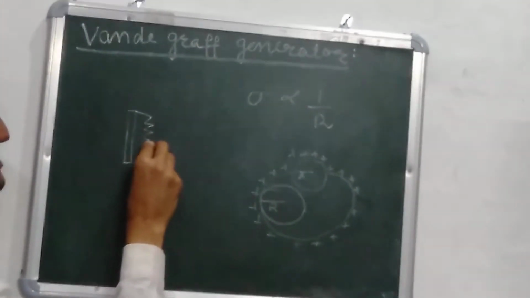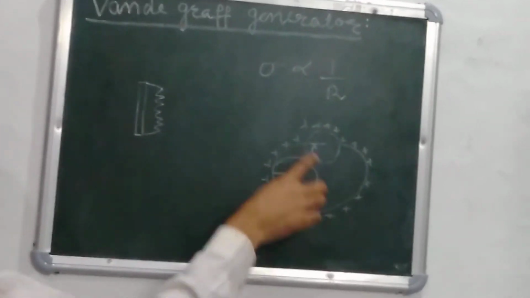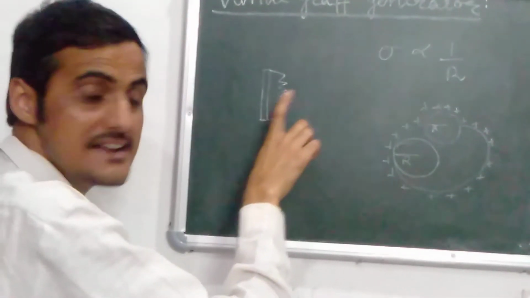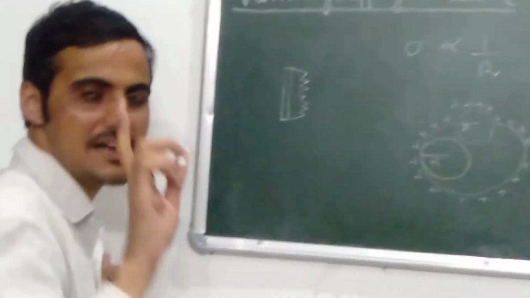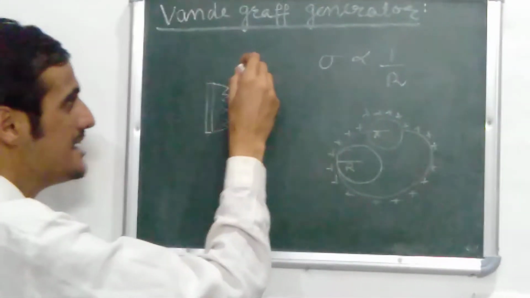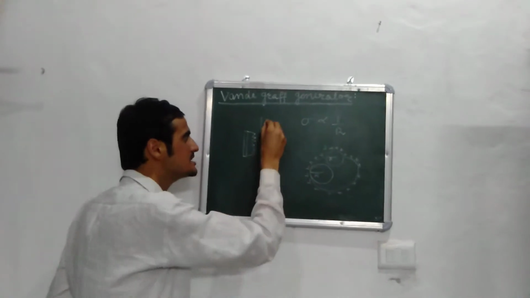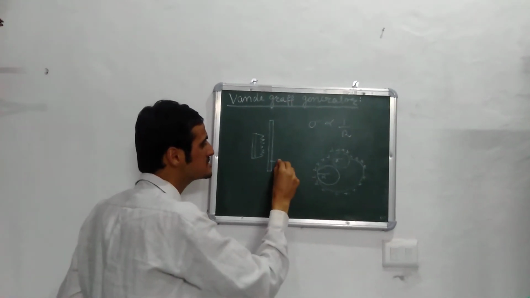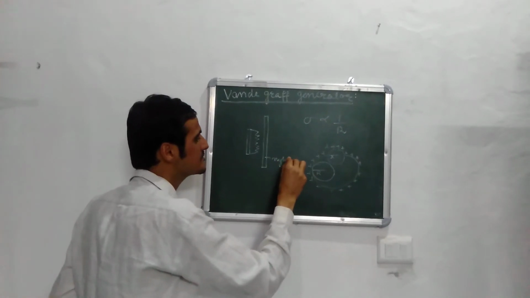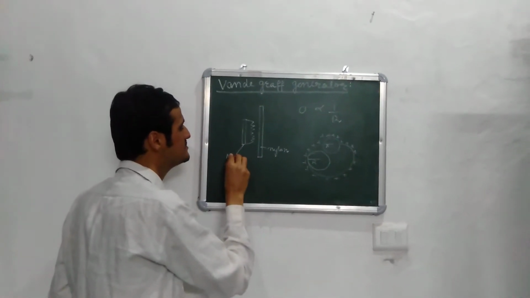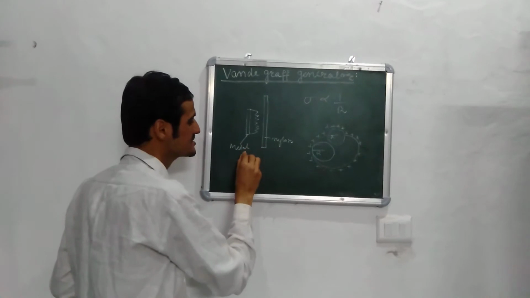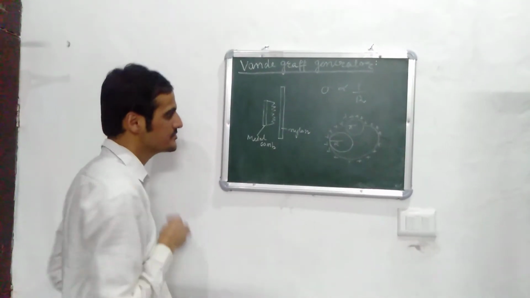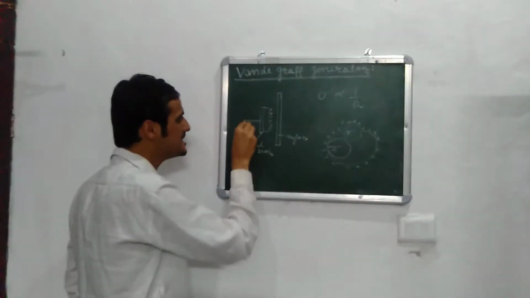It has sharp edges, so it has high surface charge density because of small area, and there is an insulator made up of nylon, silk, etc. Why is it a comb? Because it is like a comb. It is attached to a high tension battery.